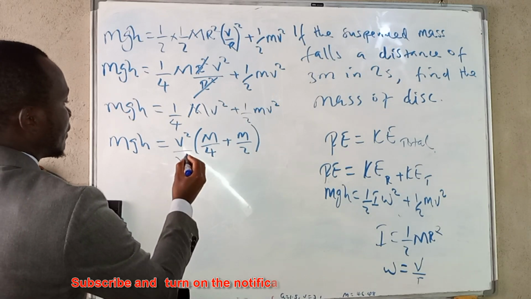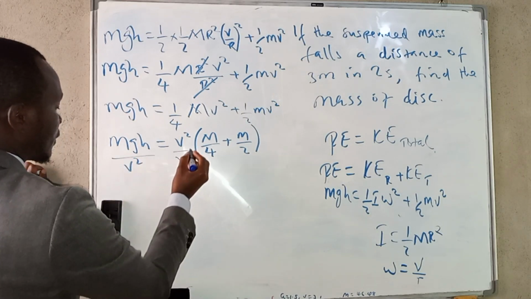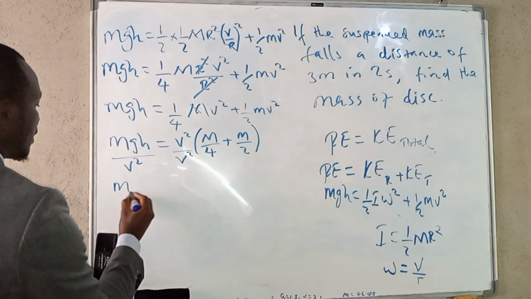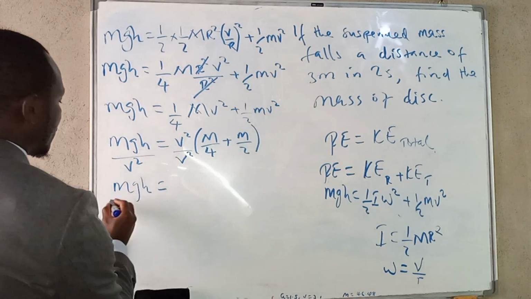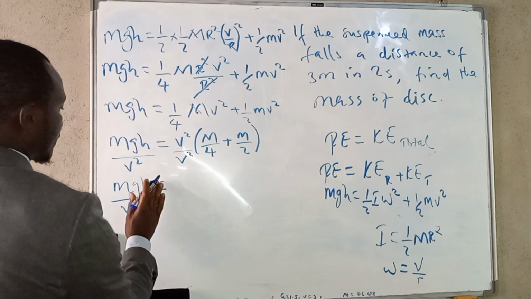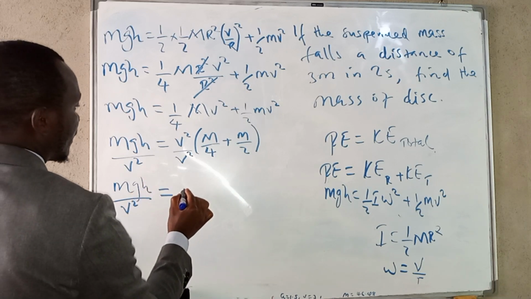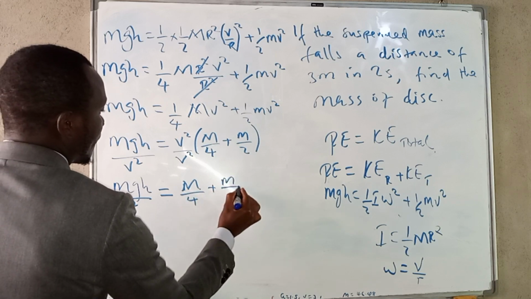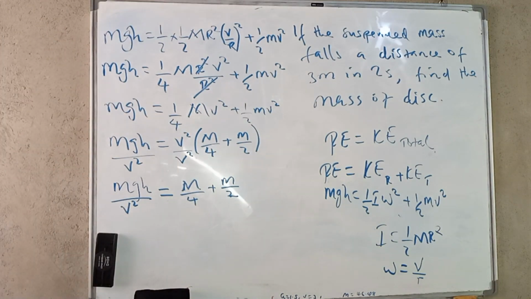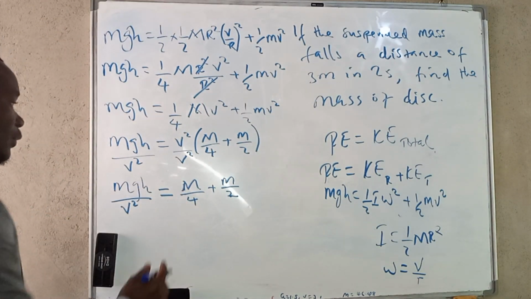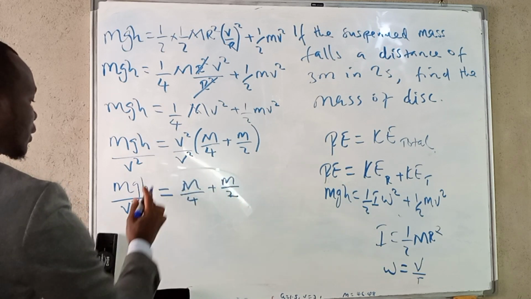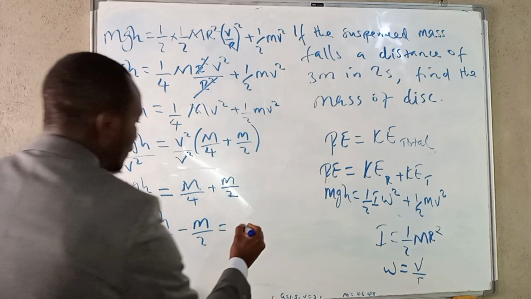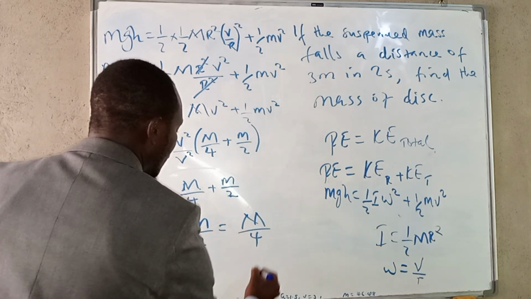We can divide through by v squared, so that we have mgh over v squared equal to M over 4 plus m over 2. But we want to find the mass of the disk, which is the big M, so we subtract m over 2 from both sides. When this crosses the equal sign, we have mgh over v squared minus m over 2 is equal to M over 4.